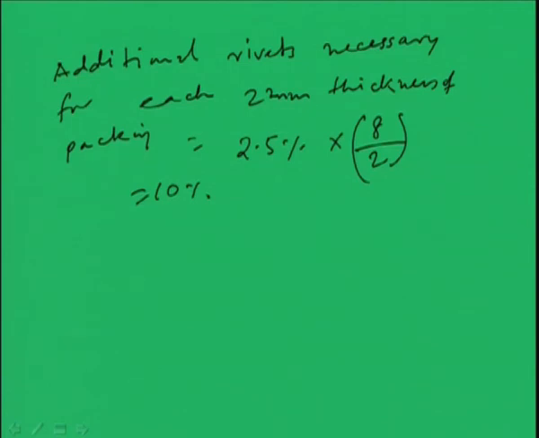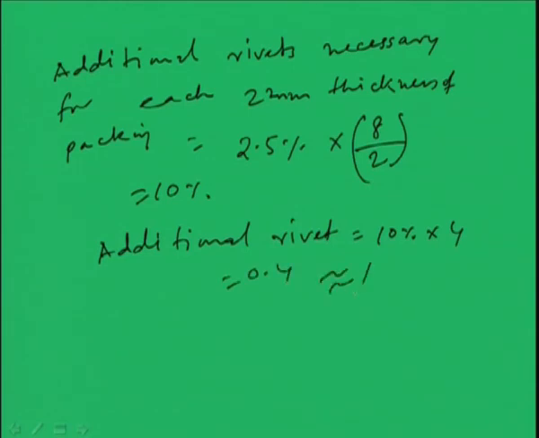So the number of rivets was 4. So how many additional rivets? Additional rivets will become 10% of 4 rivets, that means 0.4, that means 1. So the total number of rivets will become 4 plus 1. 4 is to join the tension splice and 1 is for packing.